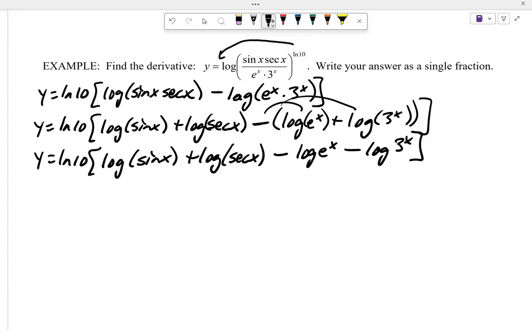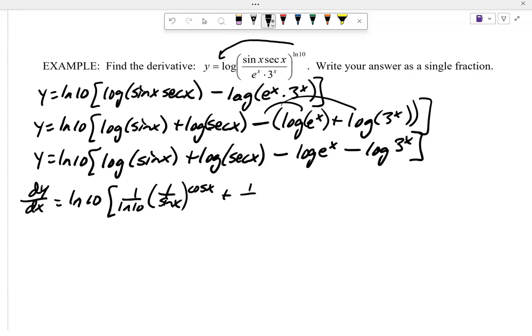Alright, so we're right there. And then let's take this derivative, dy/dx. So we have our constant stay there, ln 10, and now we're running our derivatives here. So I've got 1 over ln of 10, remember it's log base 10, times 1 over sine of x, times the derivative of the sine, which is the cosine, plus, now I'm running the derivative of the log here, 1 over ln of 10 times 1 over secant.